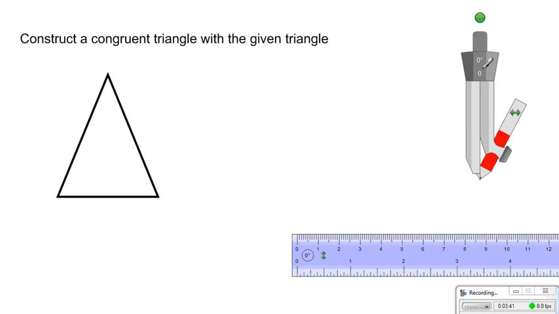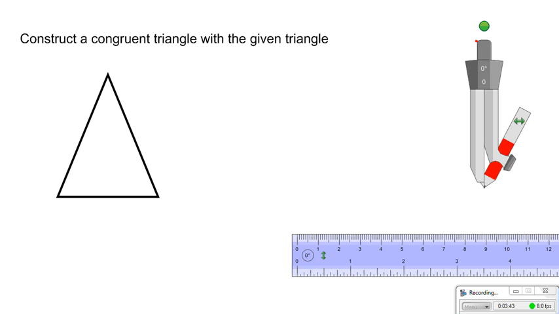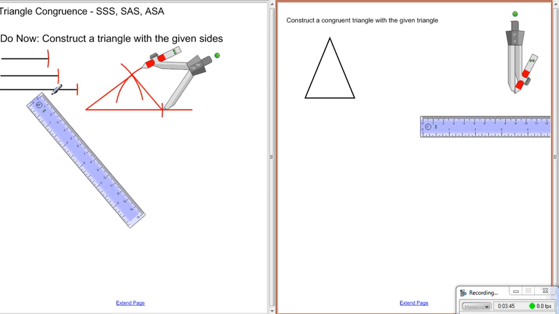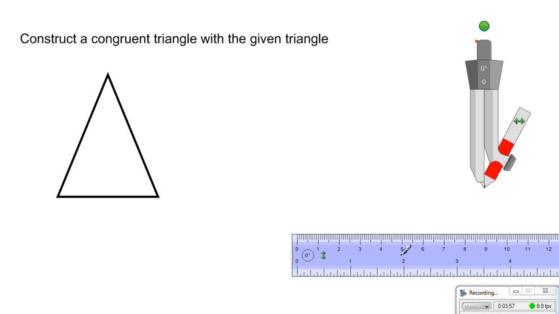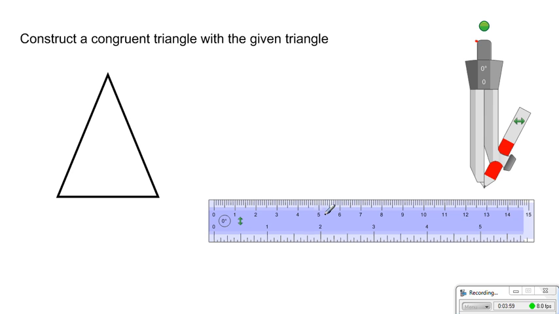The strategy is just like what we have done earlier. I want you to copy the three line segments from this triangle, which you can do quite easily by copying the line segment and then applying that onto your new construction. So, how would you do it? Okay, that's right. First, we can draw a line segment.